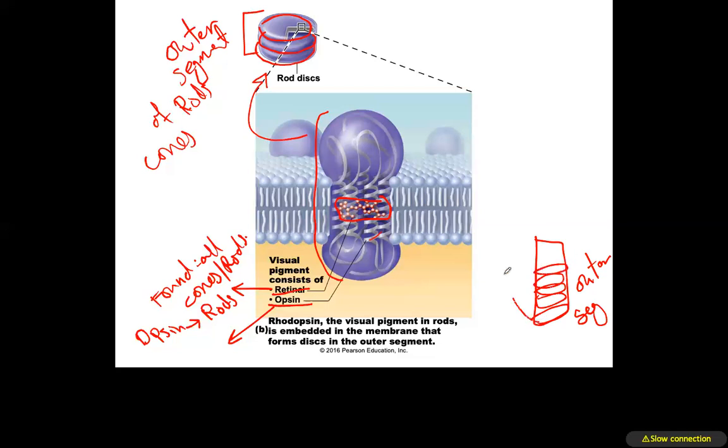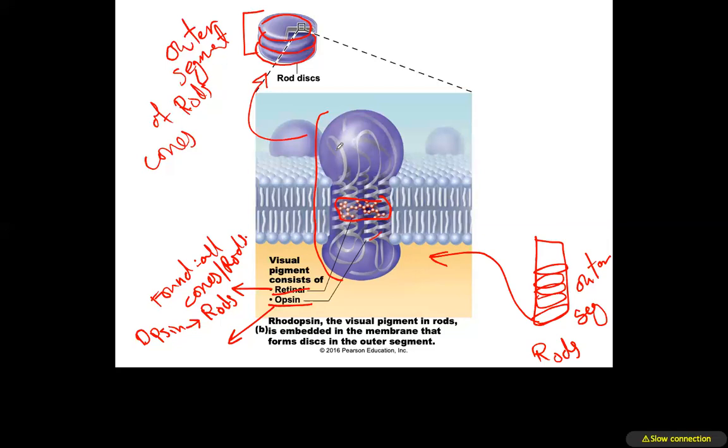These discs are packed with what? With a molecule called rhodopsin, which is considered a visual pigment. Rhodopsin is a combination of retinal, which is depicted right here, and opsin, which is the larger structure that is holding the retinal.